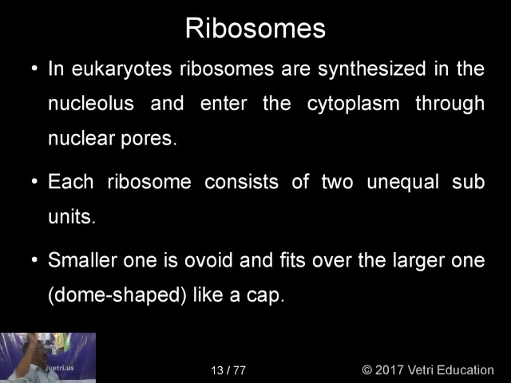In eukaryotes, ribosomes are synthesized in the nucleus and enter the cytoplasm through the nuclear pores. Each ribosome consists of two unequal subunits. The smaller one is ovoid and fits over the larger, dome-shaped one like a cap.